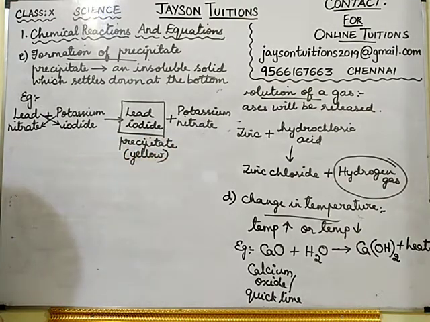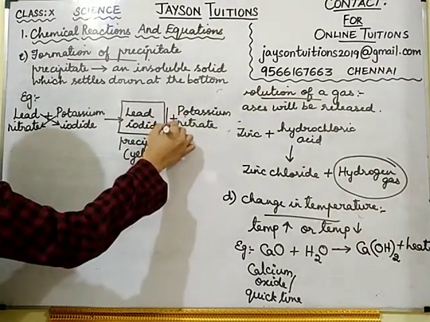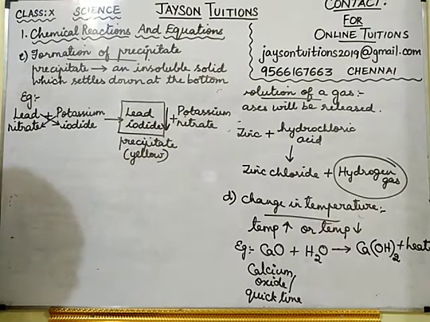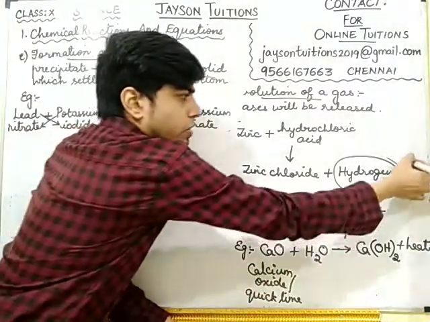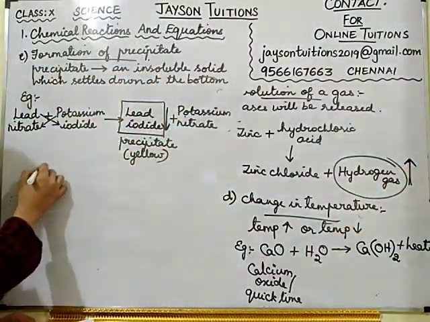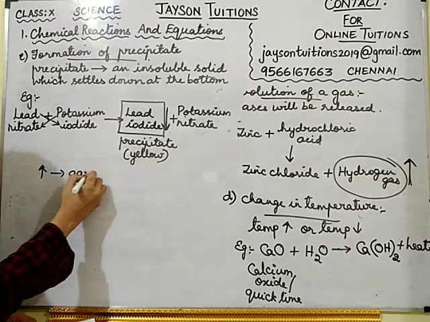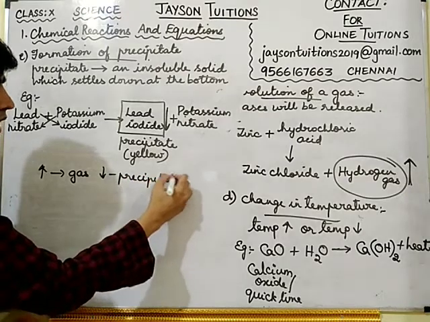This precipitate is represented by a downward arrow mark. Okay, when you put a downward arrow mark, it means a precipitate. Similarly, here I told a gas is released. Gas means you have to put an upward arrow mark. So upward arrow mark represents a gas and downward arrow mark represents a precipitate.